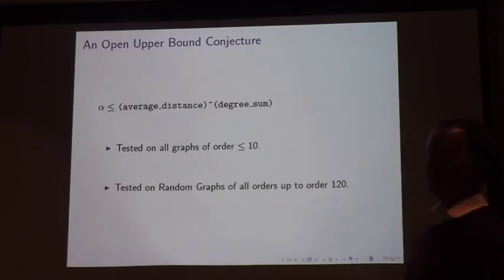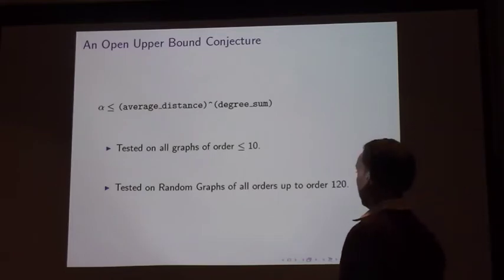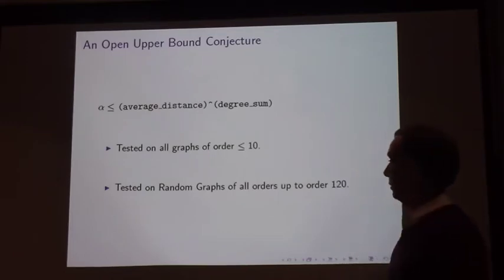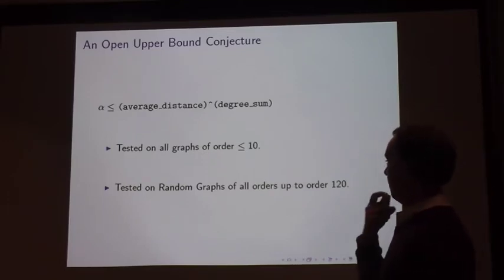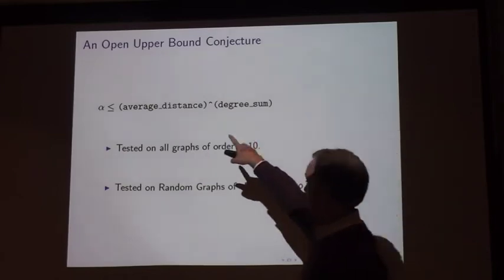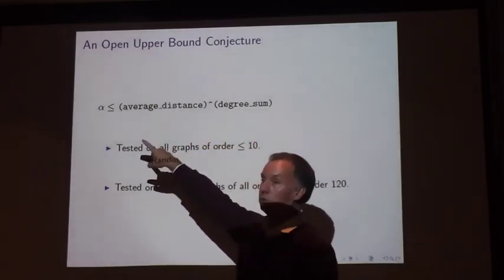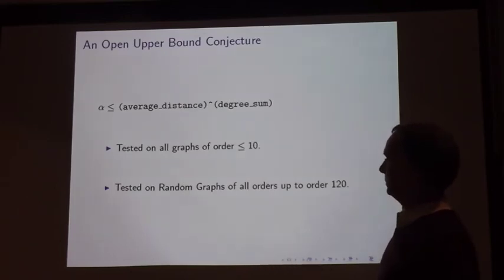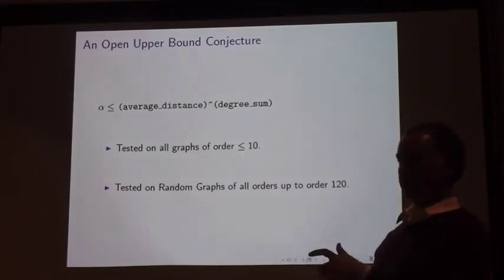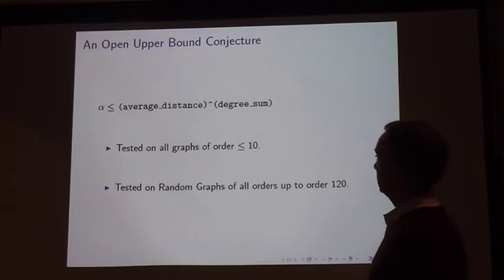This one seems like it's got to be true, but we don't know how to prove it, and we've done quite a bit of testing on it. And again, average distance is a known lower bound for the independence number of the graph. So again, we have the independence number trapped between functions of something.